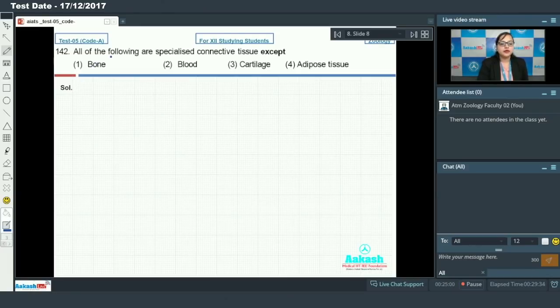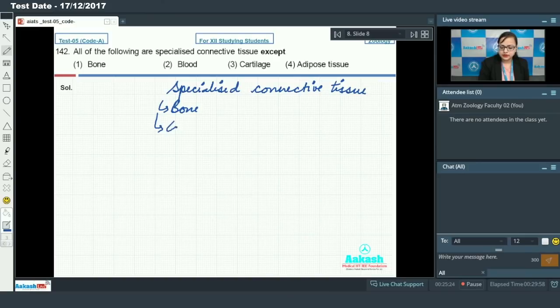Question 142. All of the following are specialized connective tissue except. What are the examples of specialized connective tissue? Specialized connective tissue includes bone, cartilage, blood and lymph.